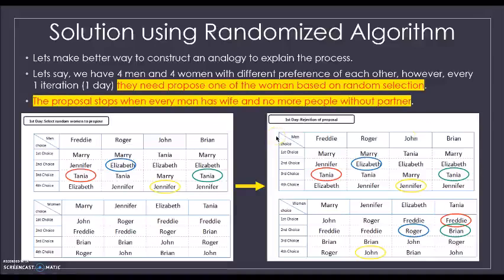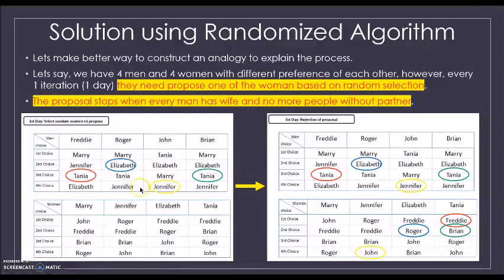So let's look at the solution, the randomized algorithm. It's made like this. For the first day, every man selects a random woman to propose to. So Freddie chooses Tanya, Roger chooses Elizabeth, John chooses Jennifer, Brian chooses Tanya. Next is the rejection and proposal phase.